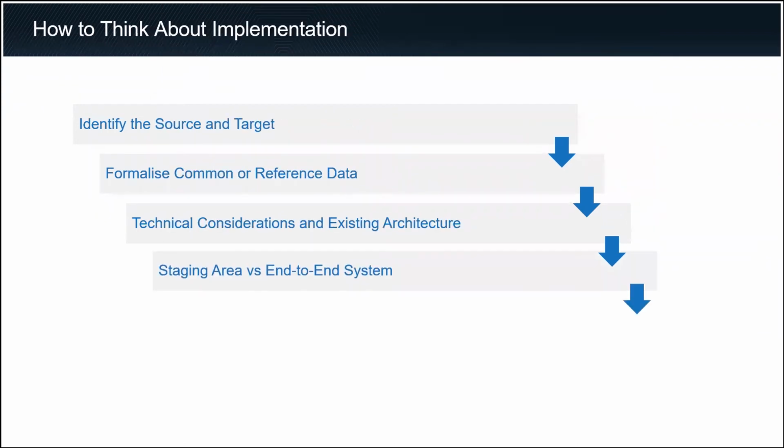The next one is the staging area versus the end-to-end system. Will data actually be flowing from one system to the next, or will the data need to be placed in some staging table, some staging database, perhaps a shared folder where one party adds a file and the next party picks it up?